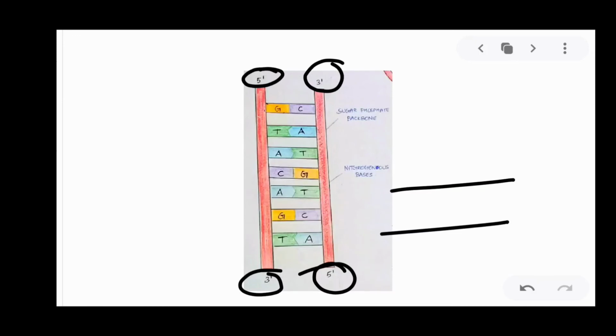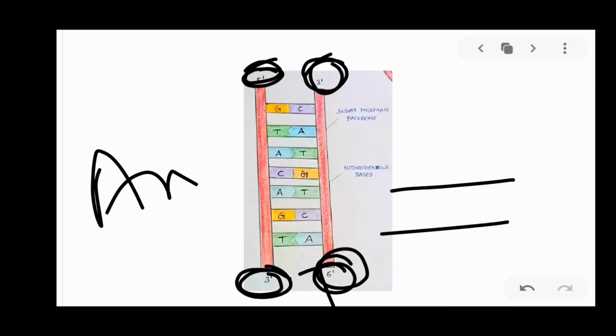But here the 5' of one strand is opposite to the 3' of the other strand, and the 3' of the first strand is opposite to the 5' of the other. In this condition we call it anti-parallel. The simple meaning is that the strands and their namings are opposite to each other, therefore they are called anti-parallel polarity. And this 5' and 3' are the polarities.